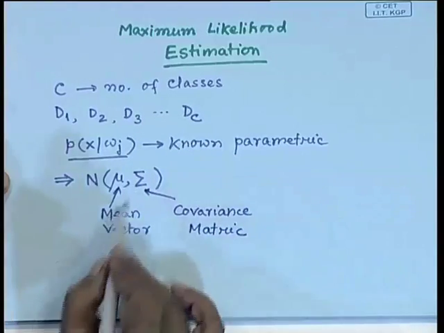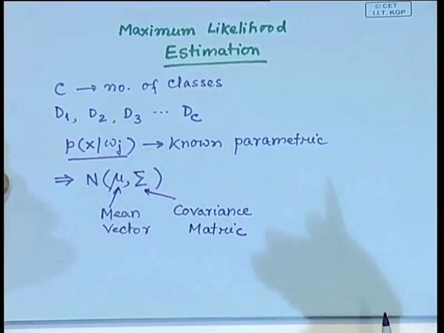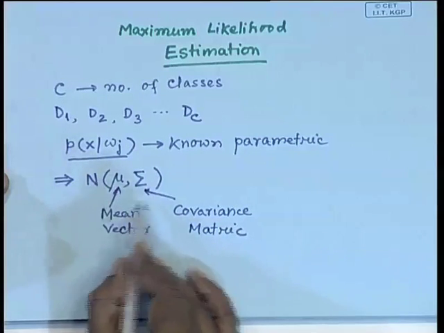These are the parameters for a normal or Gaussian distribution. Similarly, I can have other types of distributions which are also parametric, but the parameters may be different.